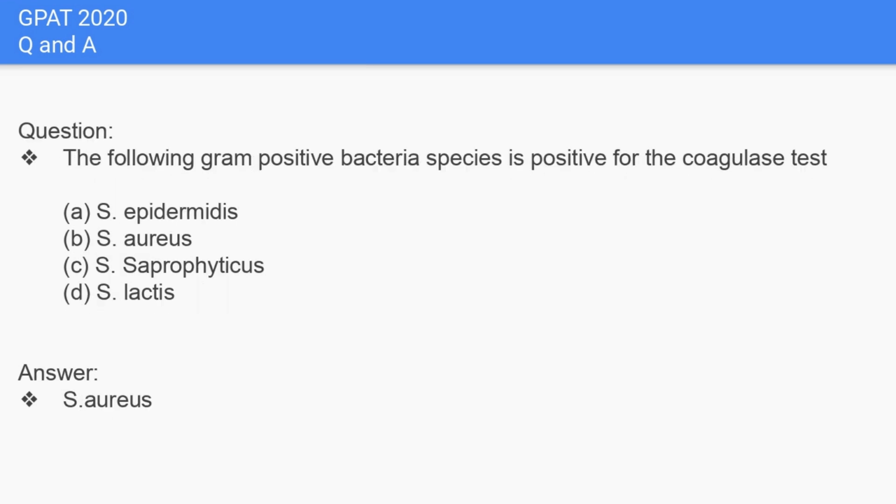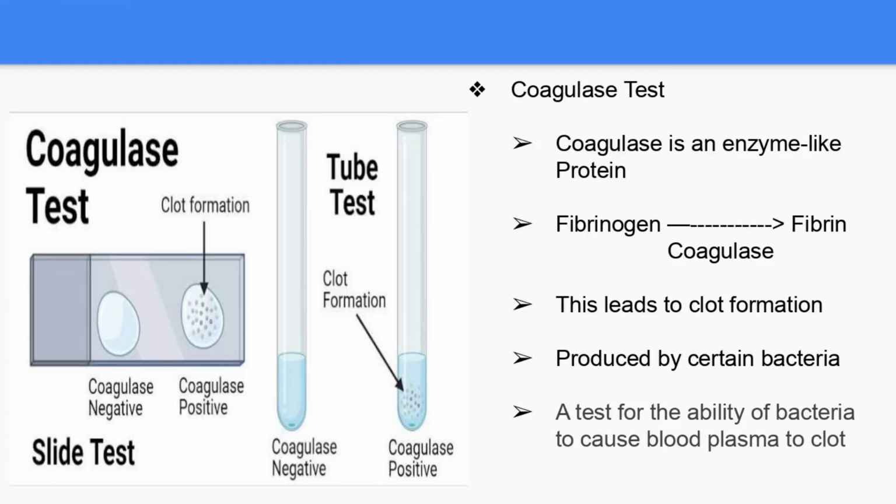Next question asked in GPAT 2020 is: the following gram-positive bacteria species is positive for the coagulase test. Out of the 4 options, Staphylococcus aureus gives positive coagulase test. Now we will move on to the details of coagulase test.